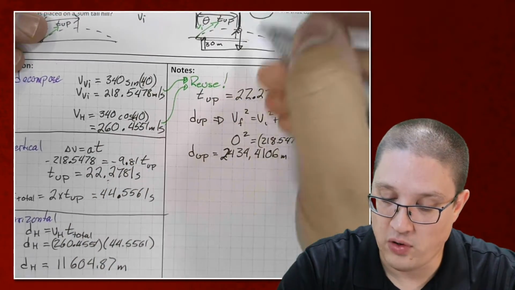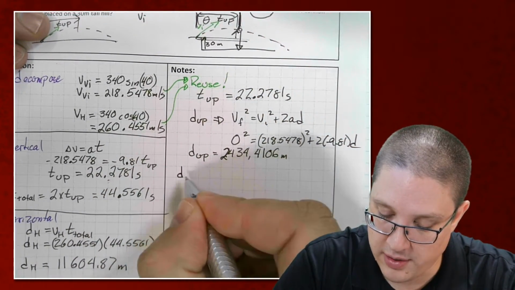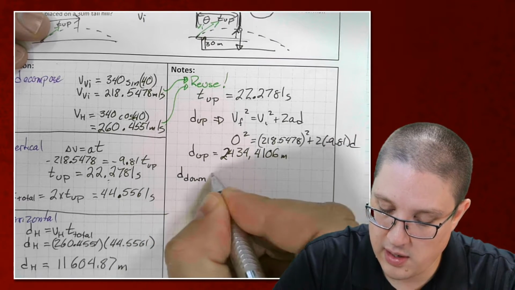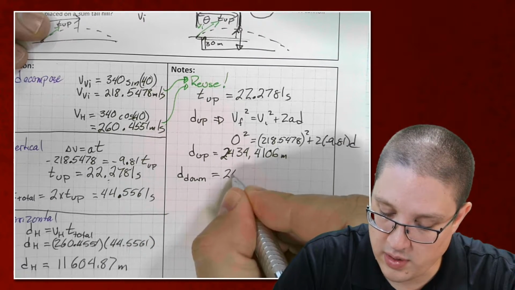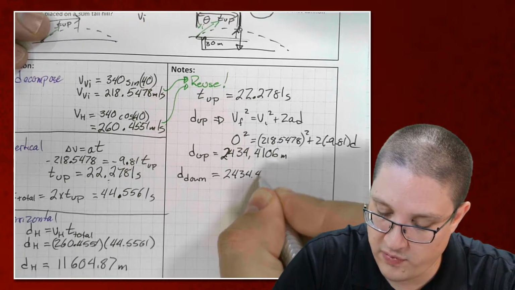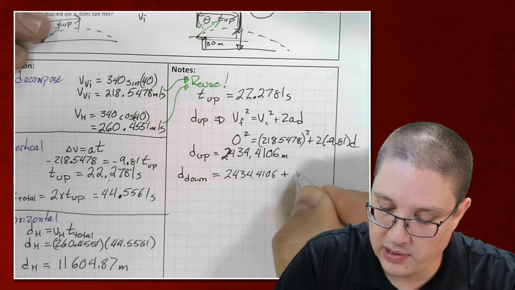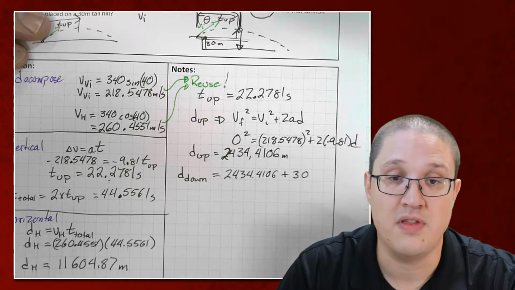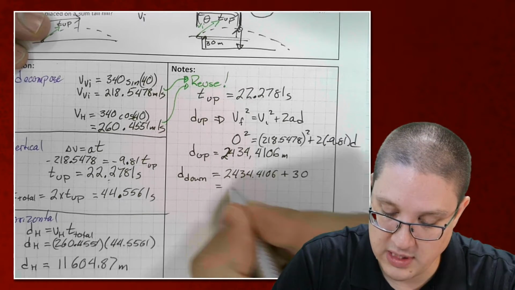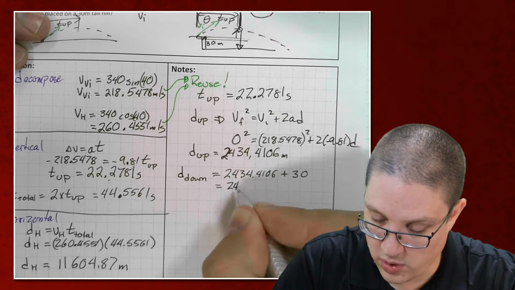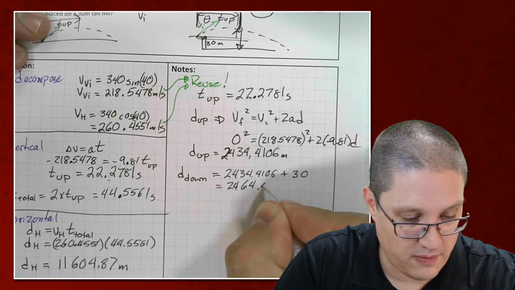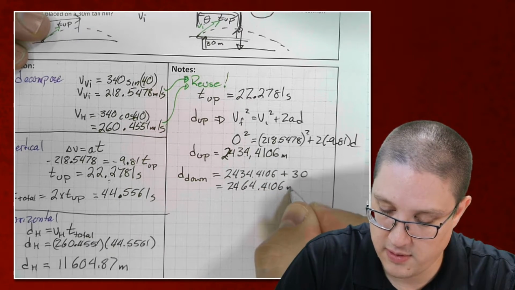However, I have to fall down an additional 30 meters. So I'm going to go 2434.4106 plus the additional 30 meters of the hill, which works out to 2464.4106 meters.